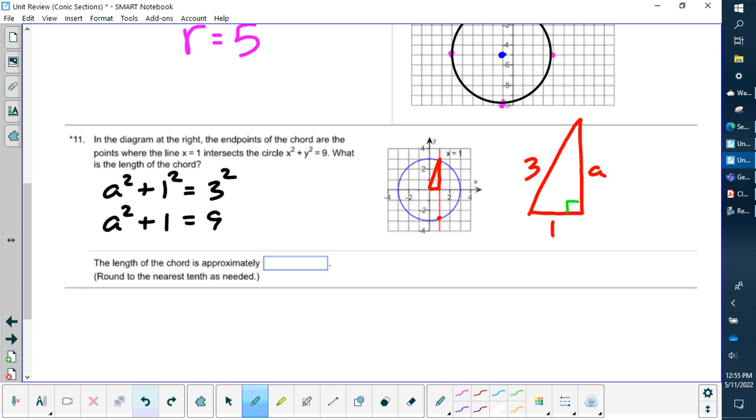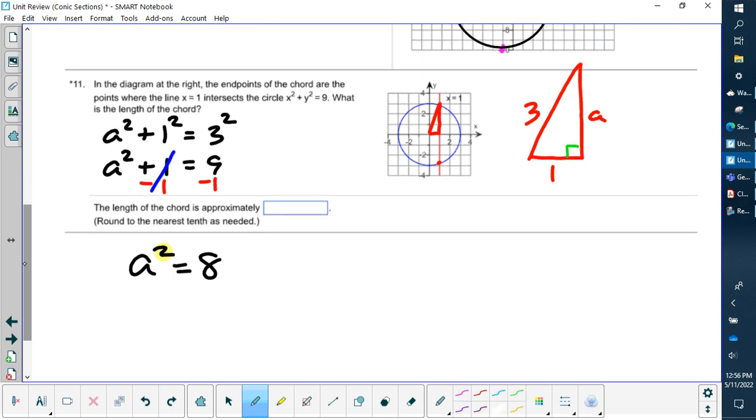I'm going to do a little basic algebra. I need to make this go away, so the opposite of adding 1 is subtracting 1. Now I get a squared equals 8. The opposite of squaring something is square rooting, so a equals the square root of 8.